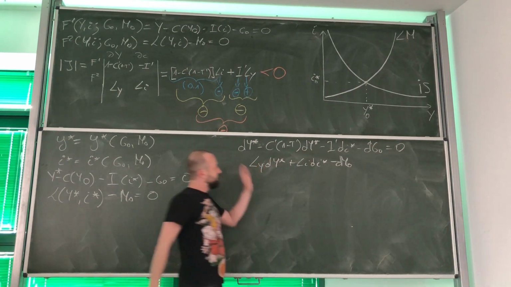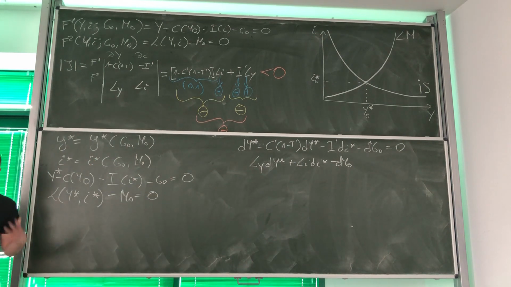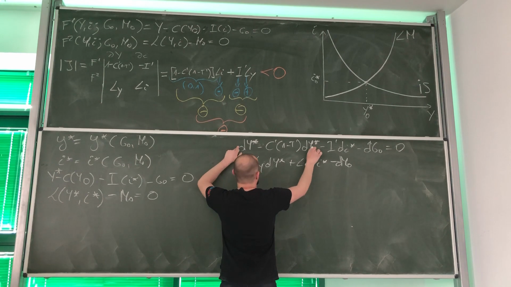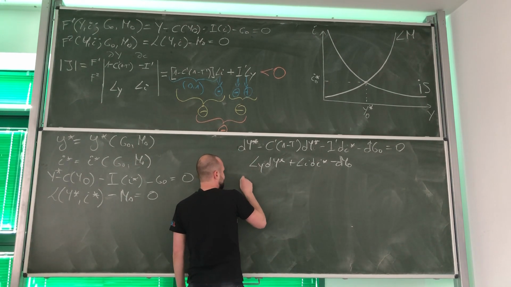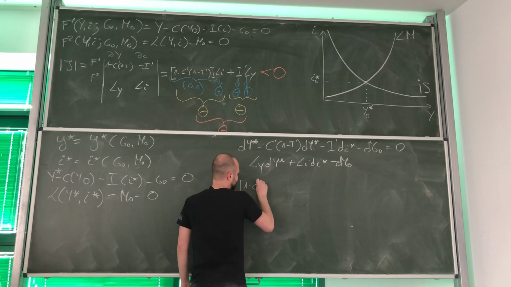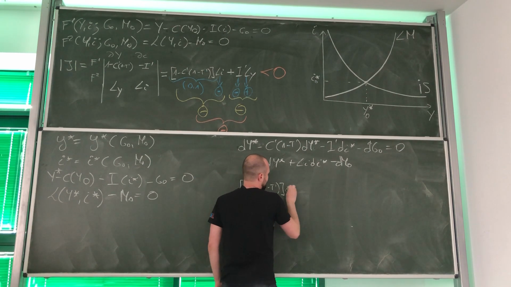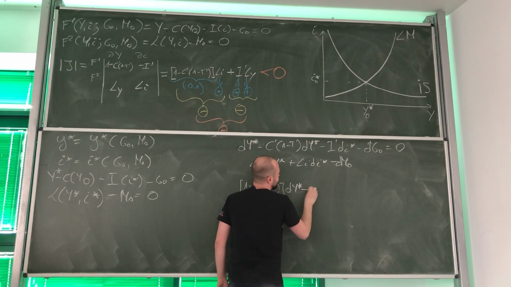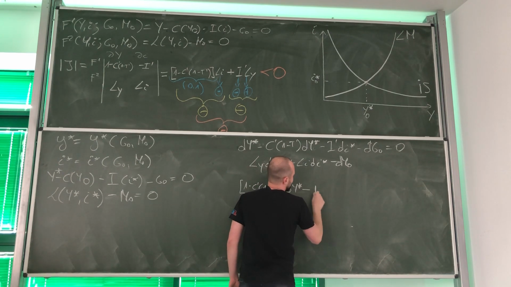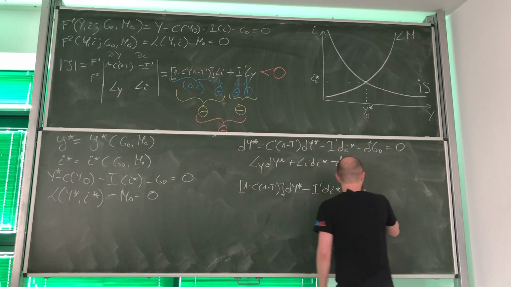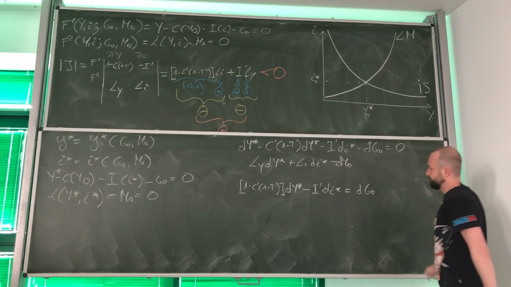I'm going to put all exogenous variables on the right-hand side and the endogenous variables on the left-hand side, and I'm going to collect those terms here. So I'm going to get that this is (1 minus c prime)(1 minus t prime) dy minus I prime di equals to dg0.